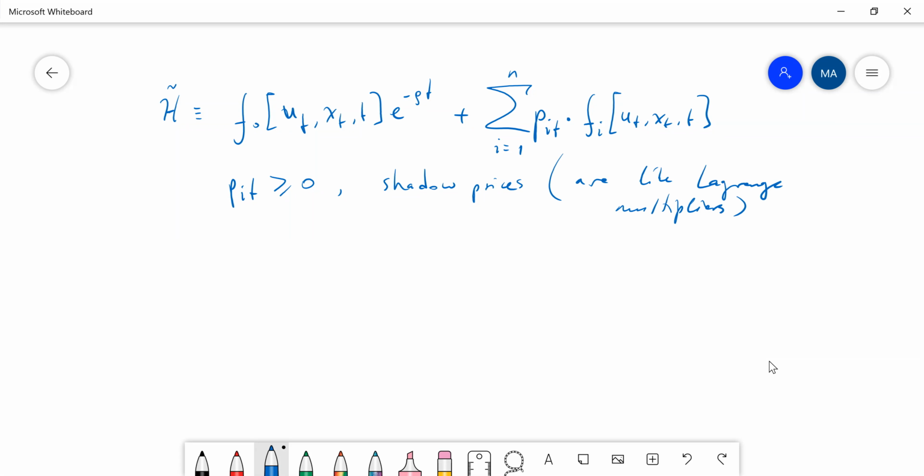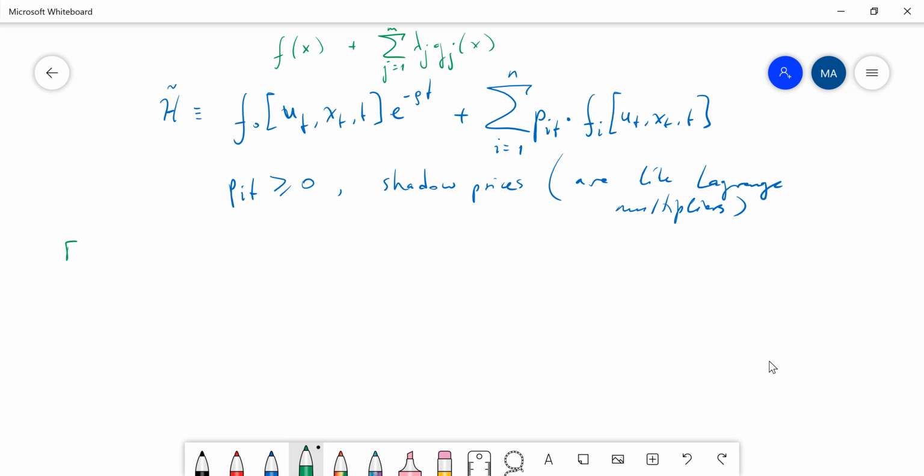We construct it in the same way. In the Lagrangian problem we studied earlier, remember we have f(x) plus lambda_j g_j(x). So the same logic, but now, of course, it changes in time.